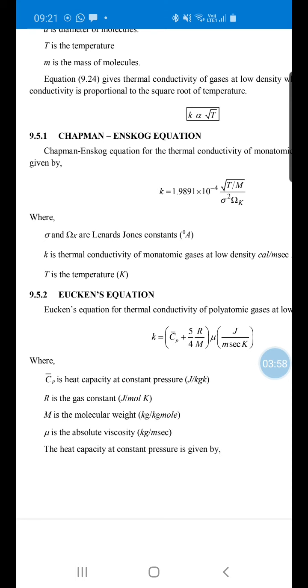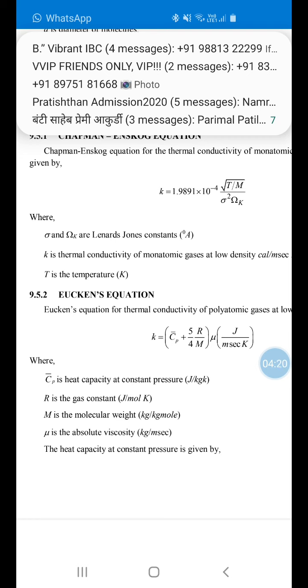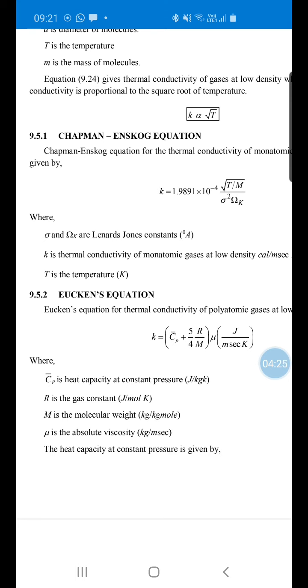What is that equation? k is equal to Cp bar plus 5 by 4 R by M into viscosity, and this unit comes in joules per meter second Kelvin, where Cp bar is the heat capacity at constant pressure, in joules per kg Kelvin. R is the gas constant, whose value you have to take in joules per mole degree Kelvin if you want the same units. M is the molecular weight in kg per kg mole, and viscosity is in kg per meter second.